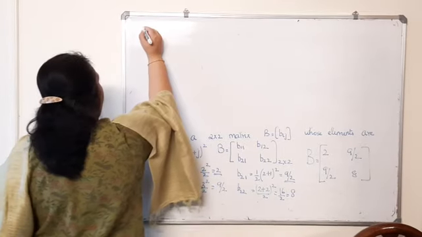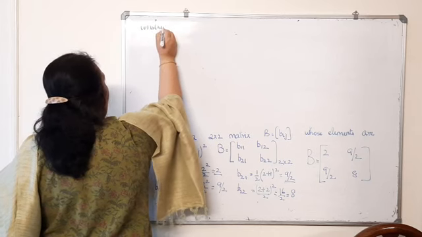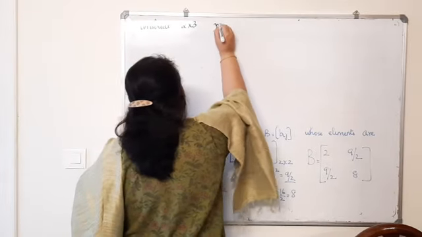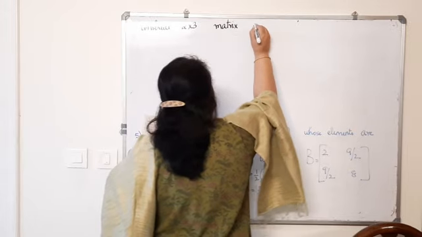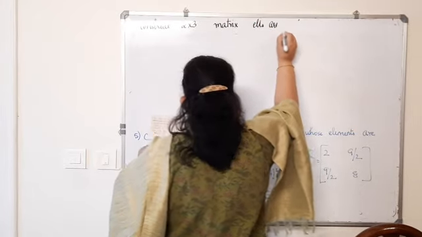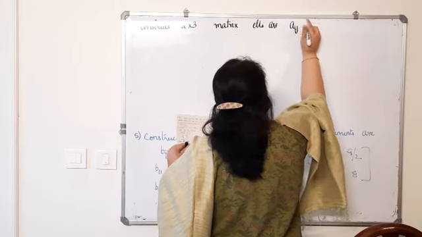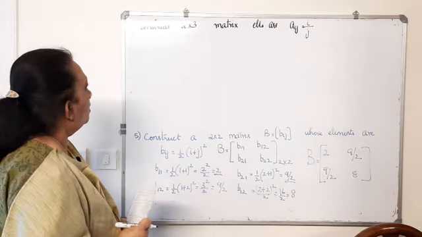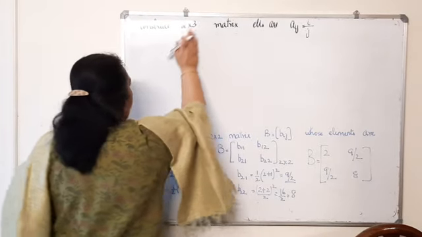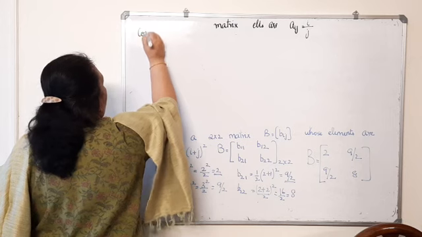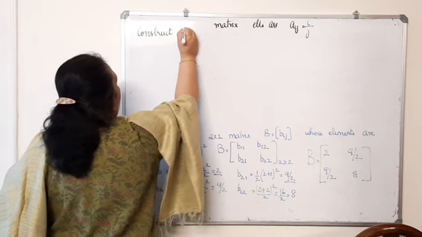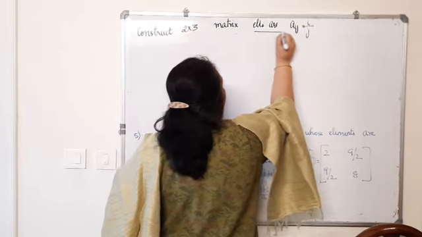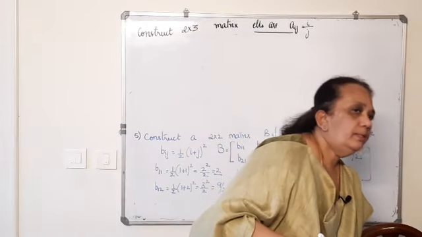Construct a 2 by 3 matrix whose elements are given by Aij is equal to i by j.